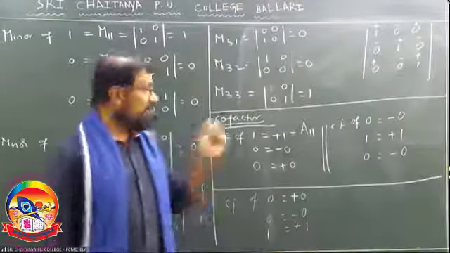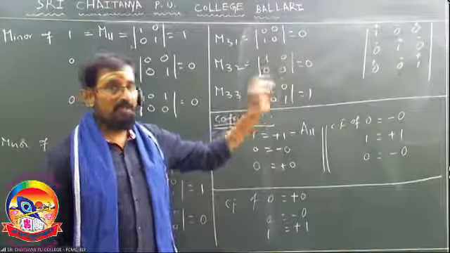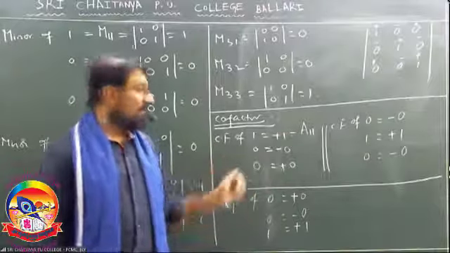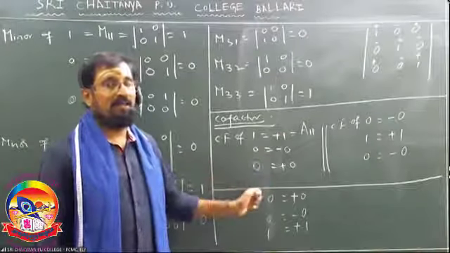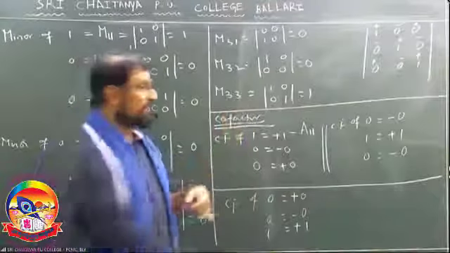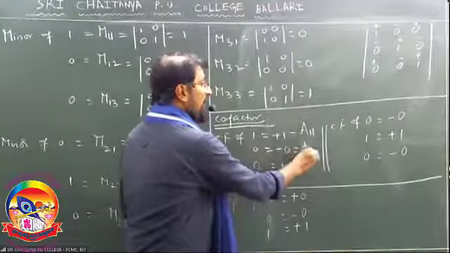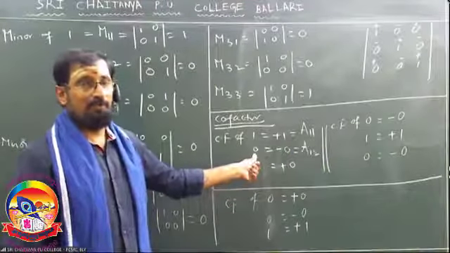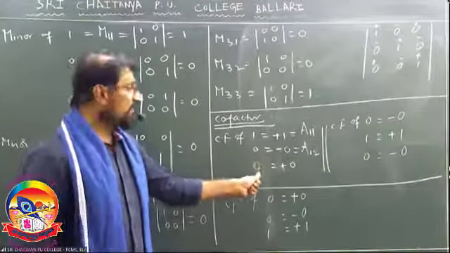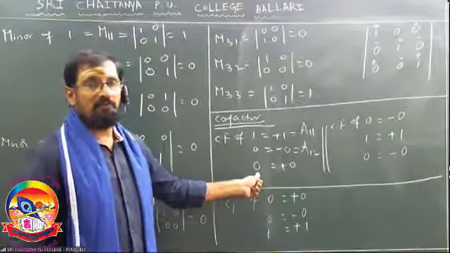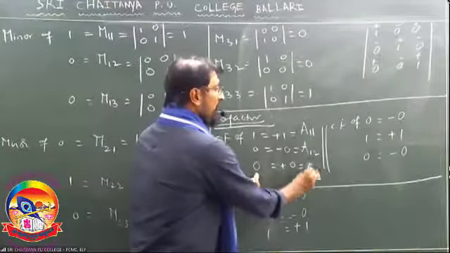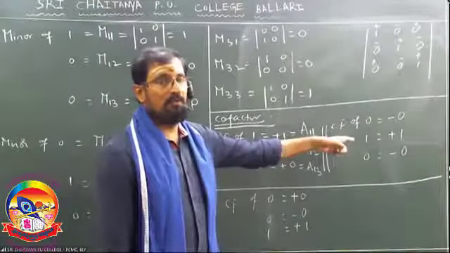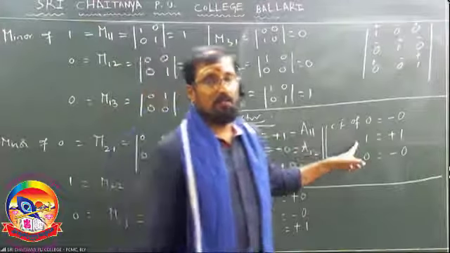And I am repeating, the cofactor of the element 1 is represented by A11. Similarly, the cofactor of the second element in the first row is represented by capital A12. Why? Because 0 is an element in the first row, second column. Am I right? Now, 0 is the element in the first row, third column. So, the cofactor of this one becomes A13. Am I right? Next one. I think you can understand. You can write this one, right? Now, what is the cofactor?